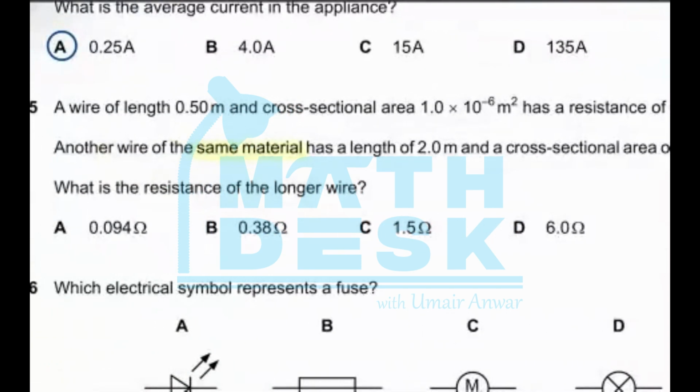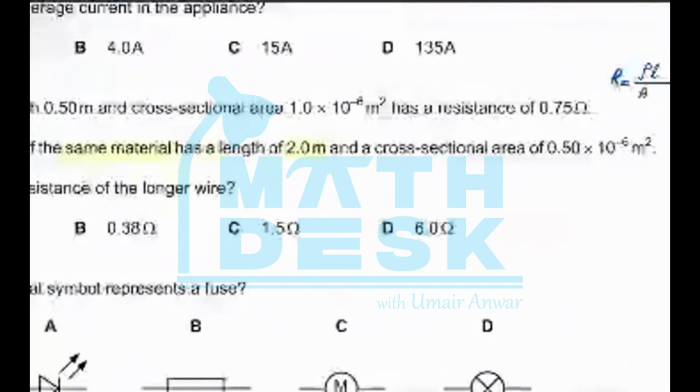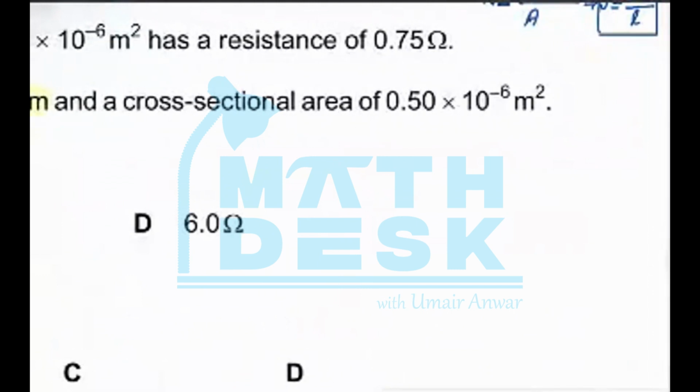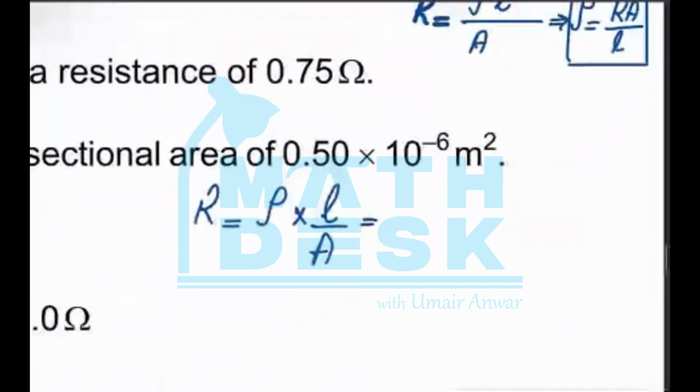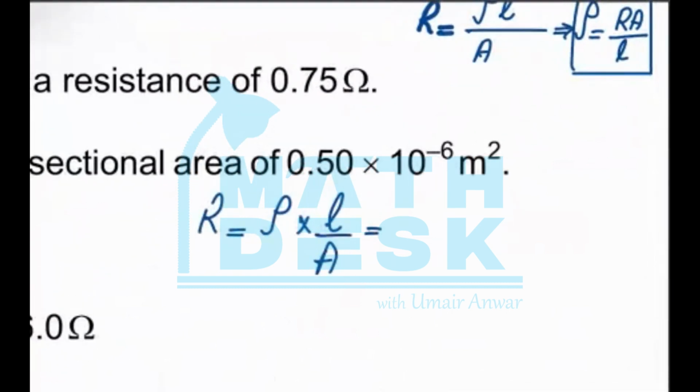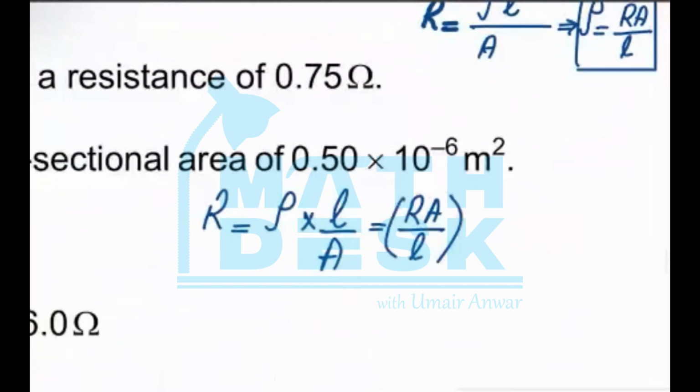Okay, so the resistance would be equal to rho into L upon A. And rho could be replaced as RA upon L into L upon A. The values over here were 0.75, which was the resistance of the earlier wire, and the area, okay.